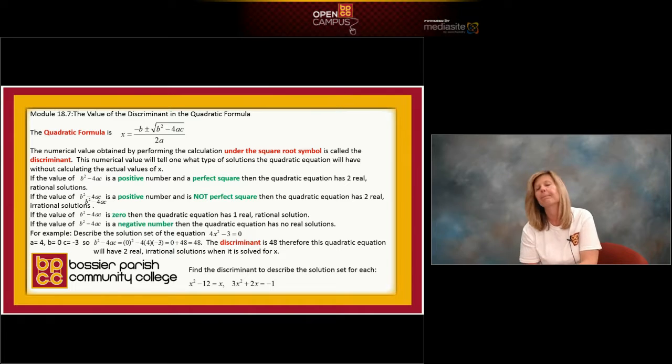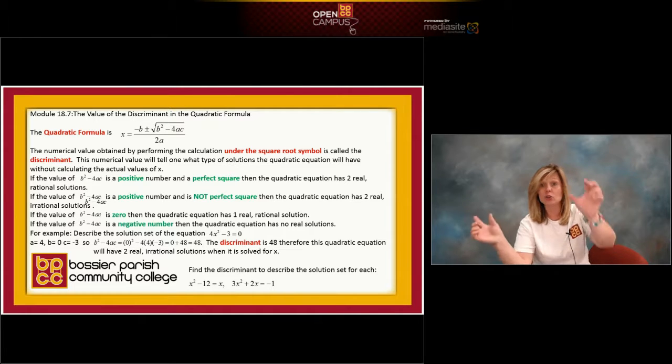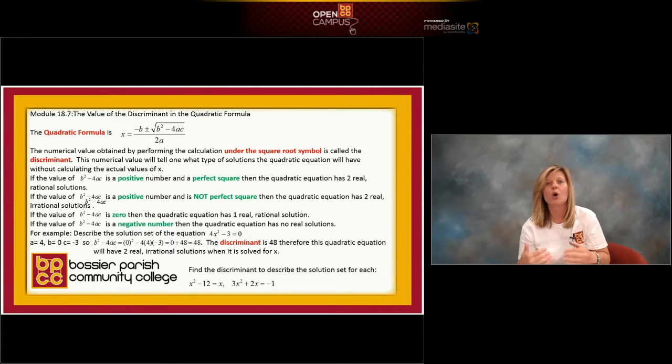If under the square root you get the value of 0, the discriminant is 0. We've all seen adding 0 and subtracting 0 to what's in the numerator doesn't change it. So when that discriminant is 0, we don't get 2 different answers for x, we get 2 of the same answers. So what really happens is we get 1 real rational solution.